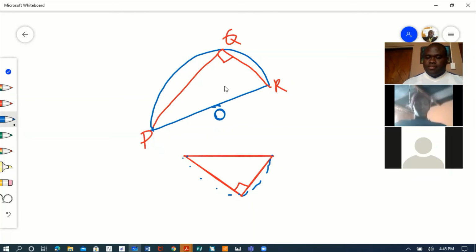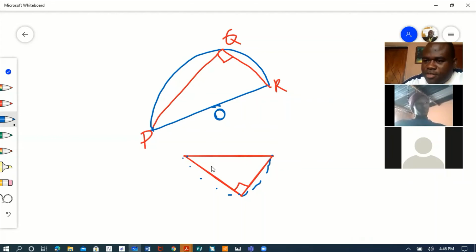Yes, sir. Motivate your answer. Why do you say that? Because it will form a semicircle, and semicircles have angles that are equal to 90 degrees.